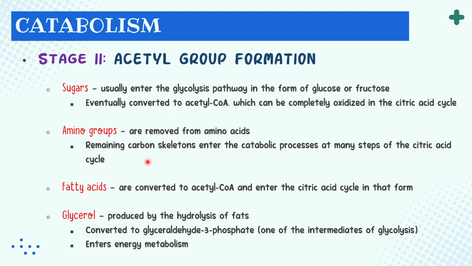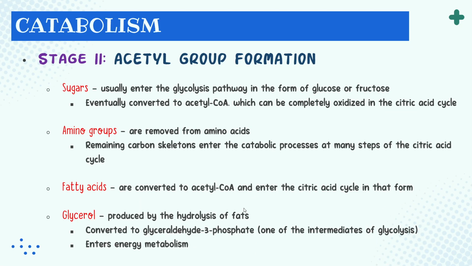So the remaining carbon skeleton will enter in the catabolic processes at many steps and then participate again in your citric acid cycle. Next, your fatty acids are converted directly to acetyl coenzyme A and enter your citric acid cycle, and glycerol, which is produced by the hydrolysis of your fat, will be converted to your glyceraldehyde 3-phosphate, which is an intermediate of your glycolysis.